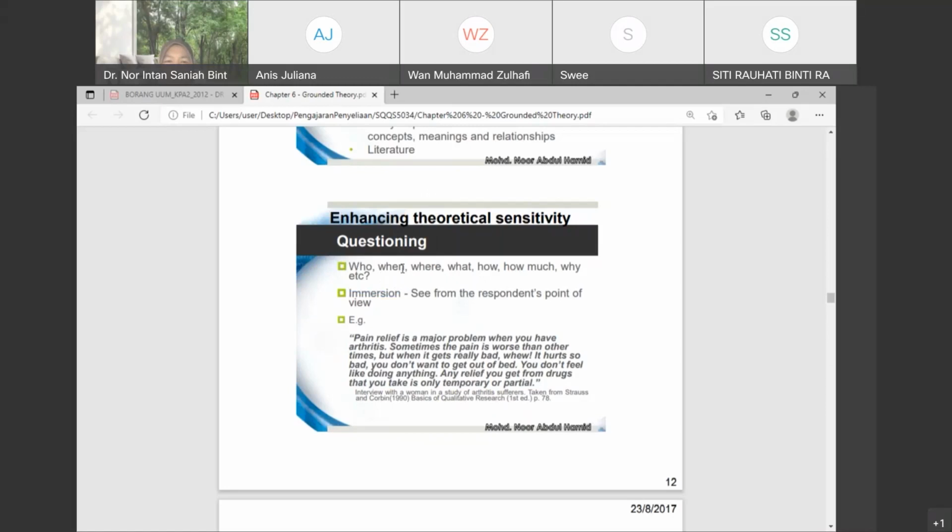So there are 1, 2, 3, 4, 5, the 5W2H. The H expands into how much and other details.